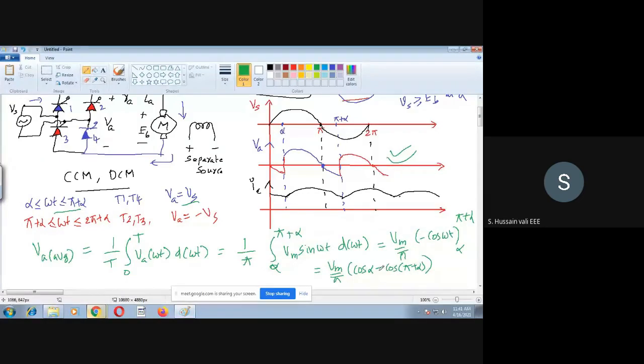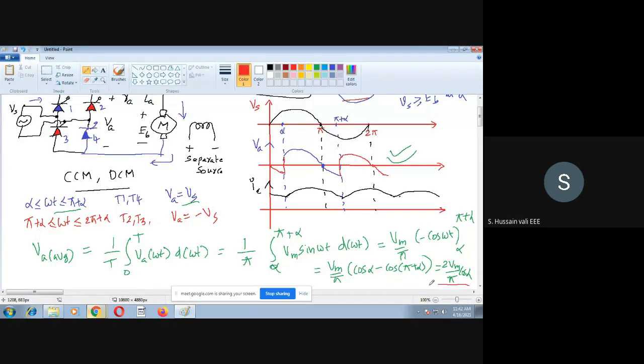Cos of pi plus alpha is minus cos alpha, so minus of minus is plus. So cos alpha plus cos alpha becomes 2. So 2 Vm by pi into cos alpha. So we got the average output expression, that is 2 Vm by pi into cos alpha. This is your average output voltage.